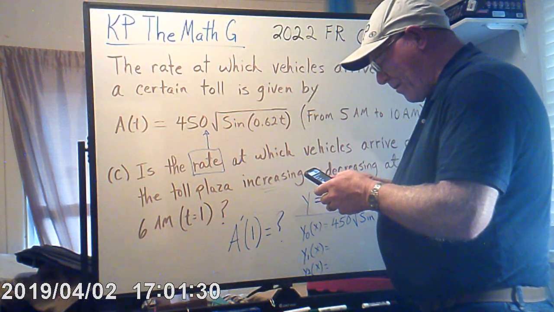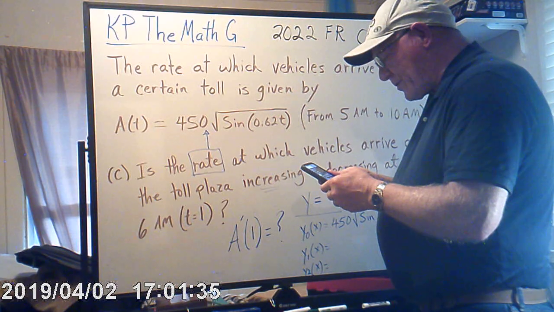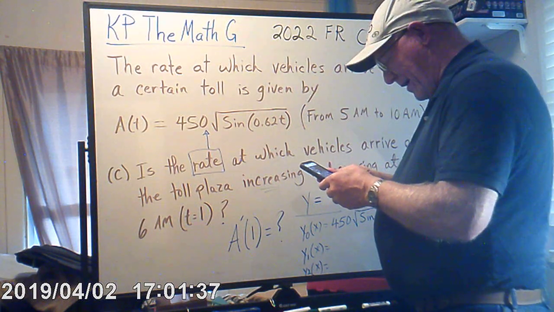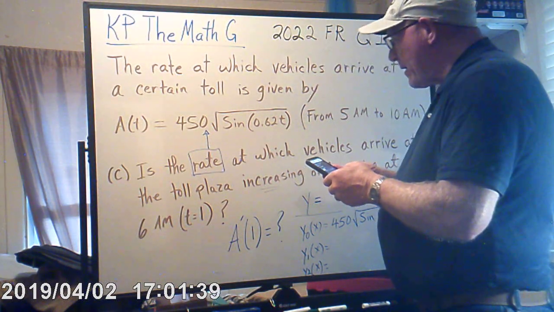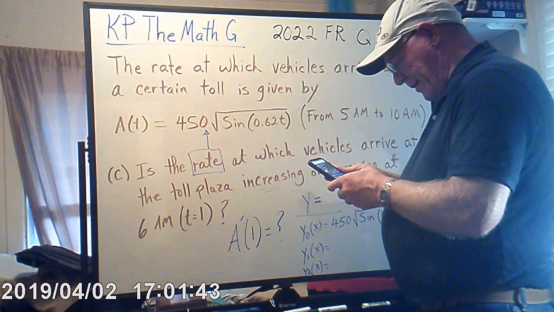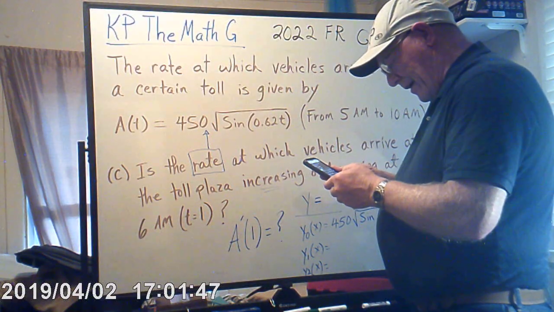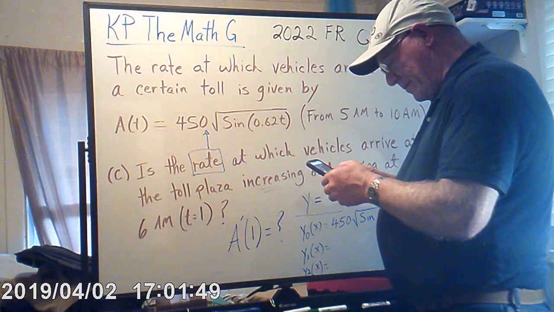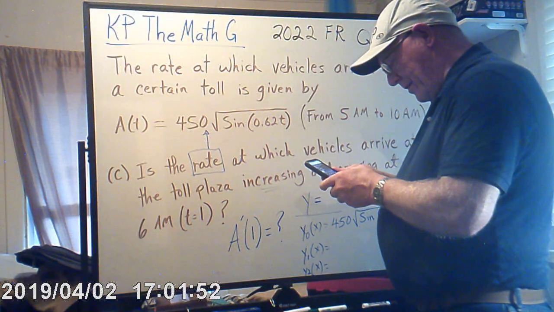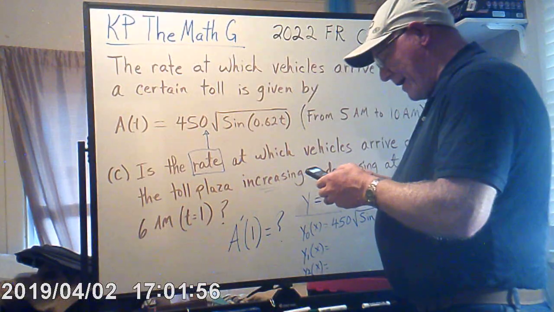I want to make sure I'm putting it in correctly, so square root now of sine of 0.62x. I'm sorry, this does take a little more time when you mess up.